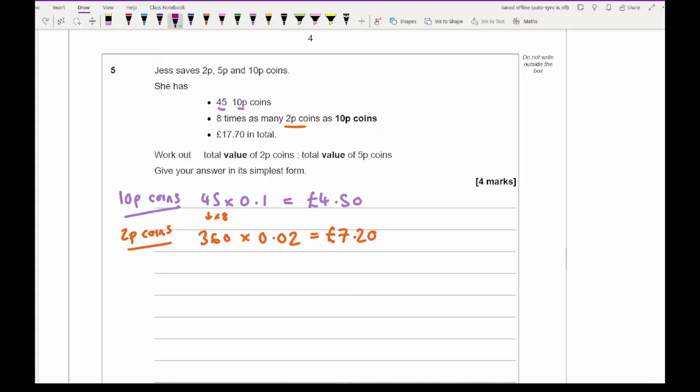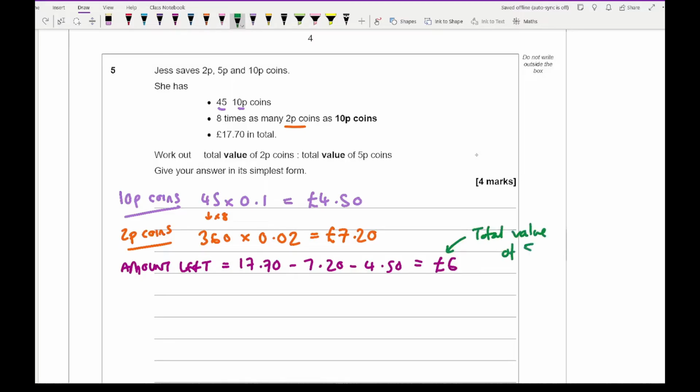Then the amount that's left is going to be £17.70 minus £7.20 minus £4.50, which comes up to a total of £6. And this is the total value of the 5p coins.